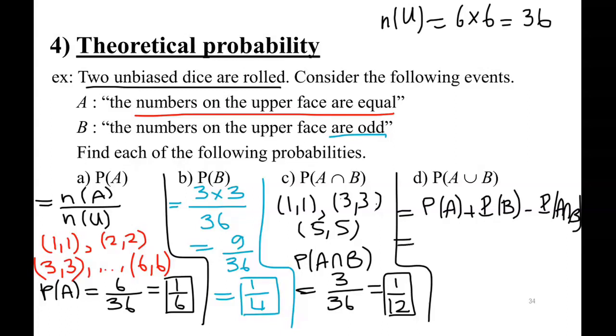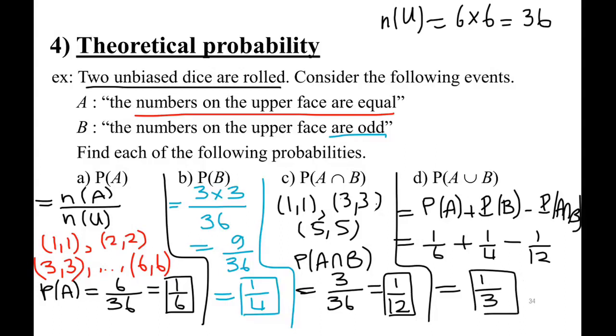The probability of A is 1 out of 6, the probability of B is 1 out of 4, and the probability of their intersection is 1 out of 12, which by adding those three probabilities and simplifying our answers, we obtain a probability of 1/3. So we have a probability of 1/3 to obtain the number on the upper face is equal or odd.